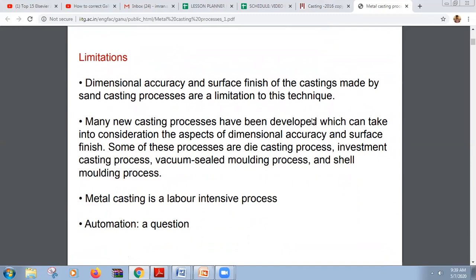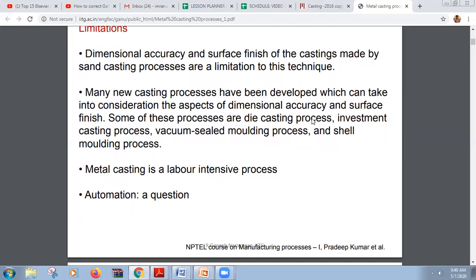Second is that it is a labor intensive process, and the melting temperature is very high, so the worker has to come in touch with that temperature, and it is labor intensive. That means it needs hard work by the human being. And above that, poor mechanical properties are also there.